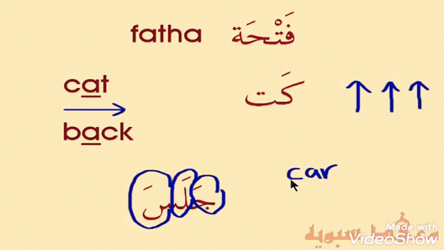Now here, when we say car, there's an elongation. That's written differently, and we'll explain that later on, inshallah. Just to note, it's a quick sound. So just ja, la, sa. Jalasa. There's no elongation.